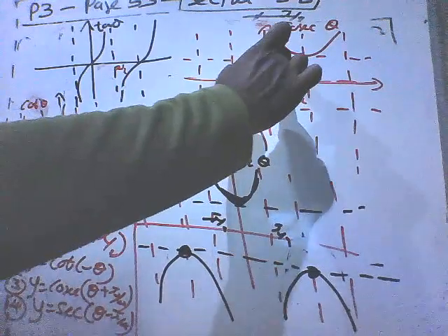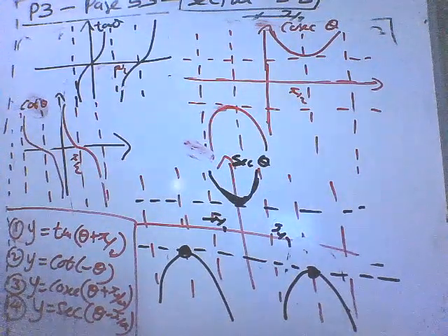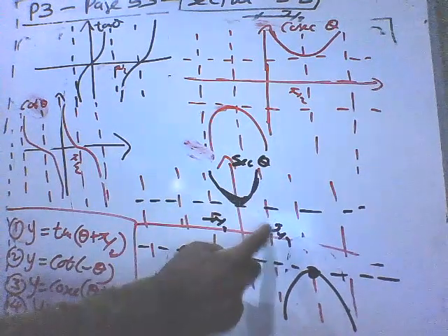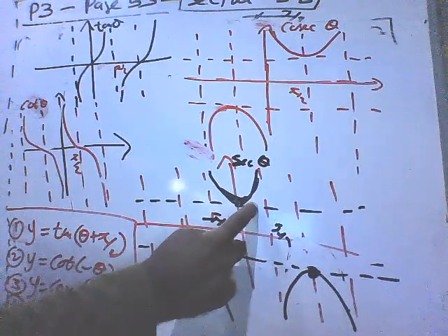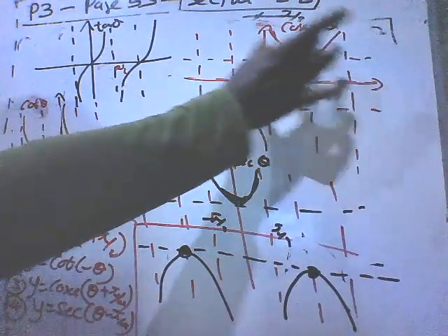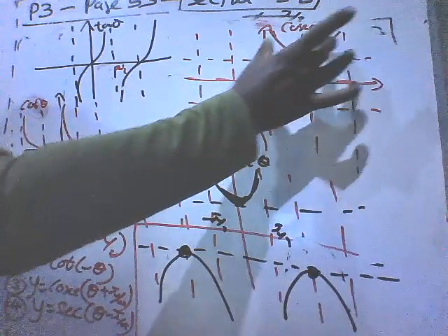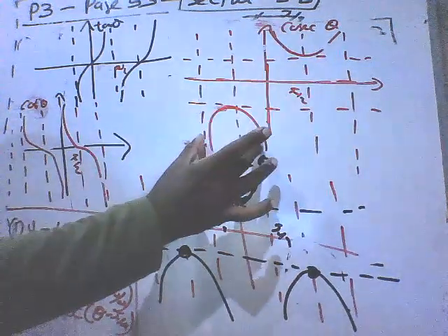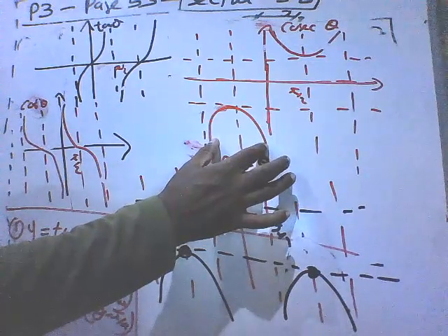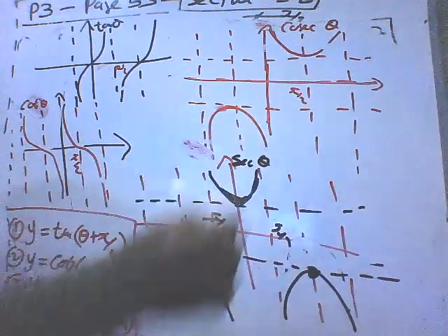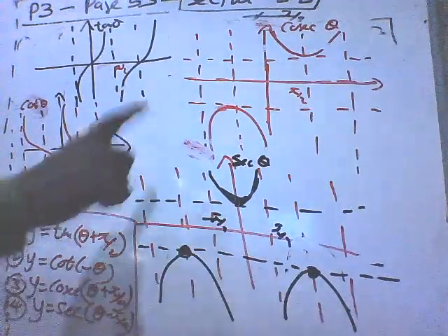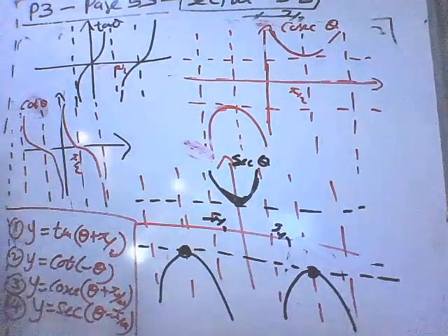But for the other one, y equals sec theta, this is pi over 2, and halfway it will come here. So actually both are going to become the equal shape. This one is shifted halfway, and this one is also shifted halfway. This one is shifted this side and this one is shifted to the other side. So both become equal.